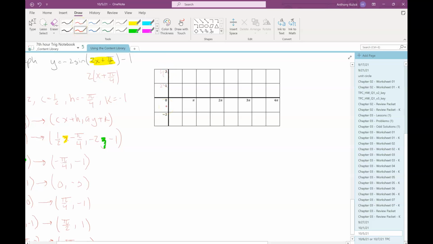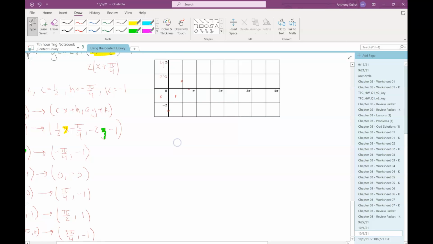Okay, my apologies. You ever make a mistake? Happened to me. And then a quarter and negative 1. And then we have a half and positive 1. And then 3/4 and negative 1 back to here. Everybody's okay with that?